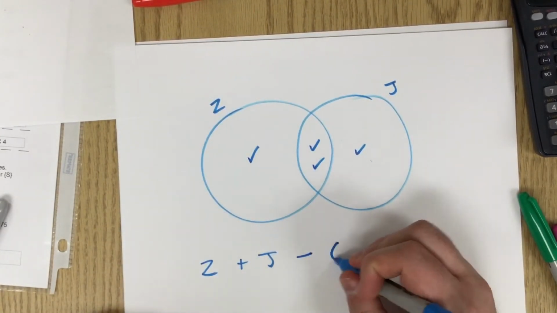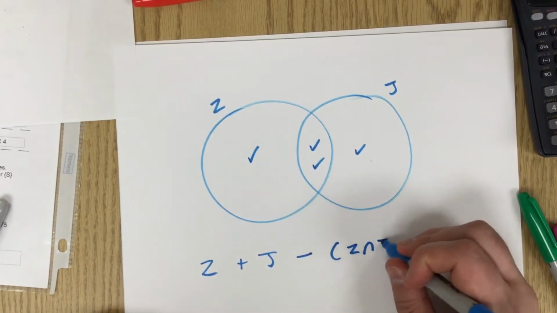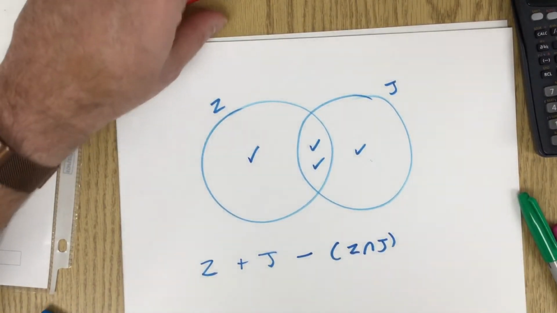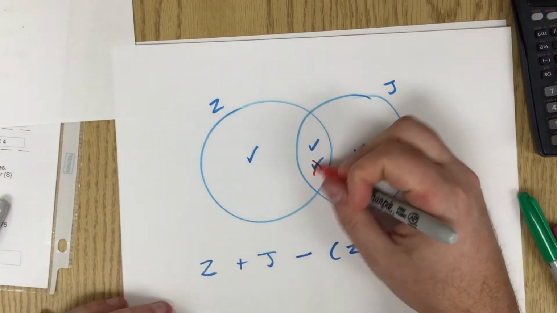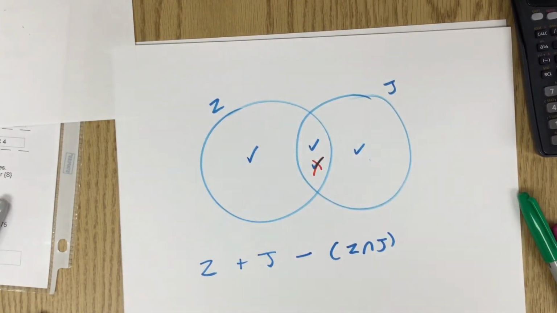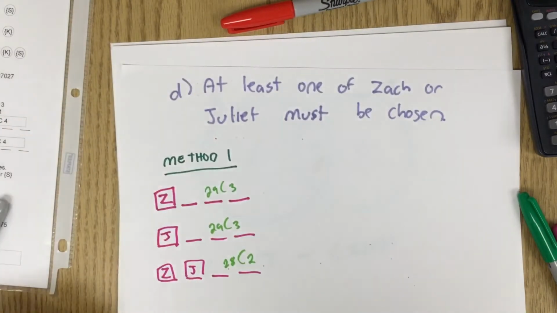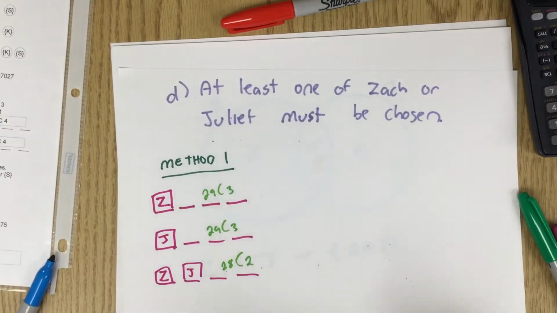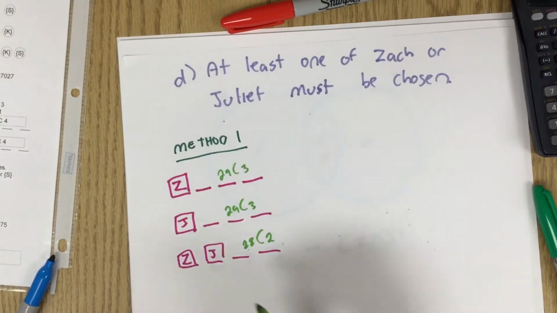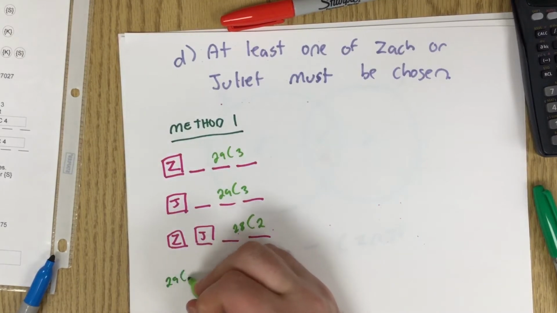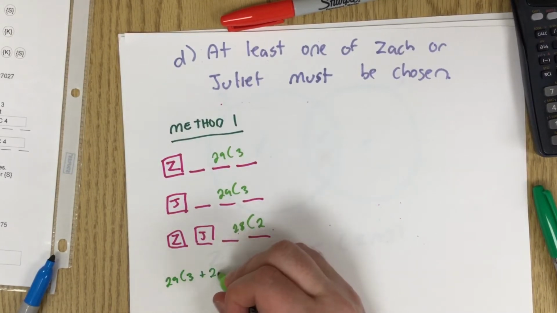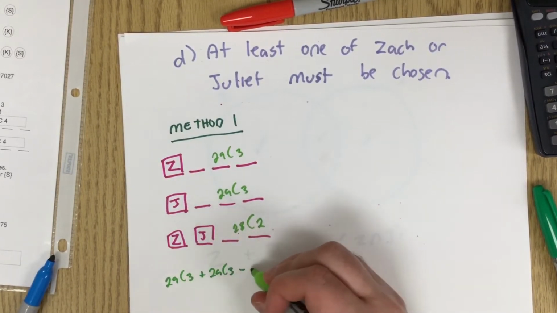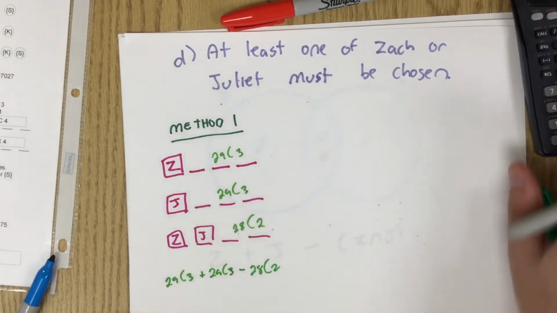So what we're going to do is we're going to subtract the Zach and Juliets. And if we subtract the Zach and Juliets, then we're getting rid of the doubling. So in particular over here, how it ends up looking is we're going to go 29 choose 3 plus 29 choose 3 minus 28 choose 2.